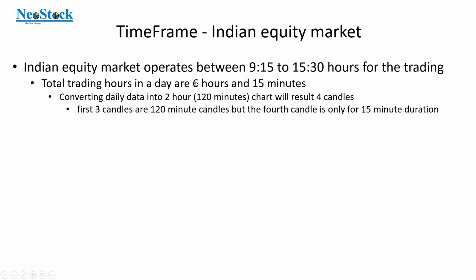Within these 6 hours, in the first 2 hours we get a 2-hour candle. In the next 2 hours we get another 2-hour candle. And in the next 2 hours, the third 2-hour candle. After that, what is the remaining time? 15 minutes only.